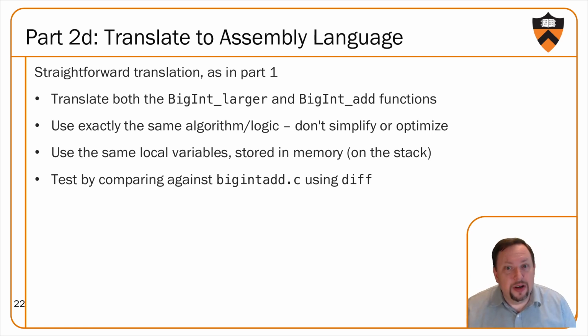Use the same local variables, store them in memory the way we've shown you, and test this code by comparing against the output of the C code. And because we're dealing with really, really big numbers, probably a good way of testing is to generate output from both the C version and the assembly language version, and to compare that output using something like diff to make sure that it's identical.